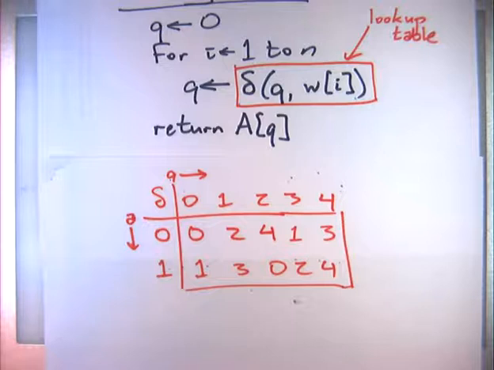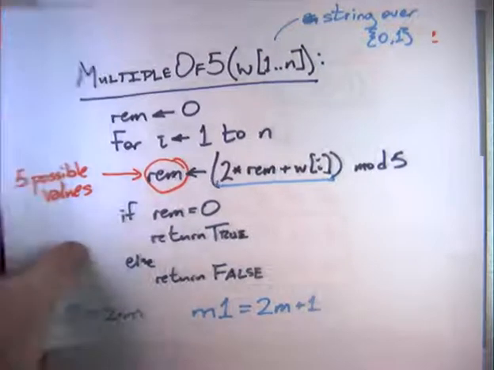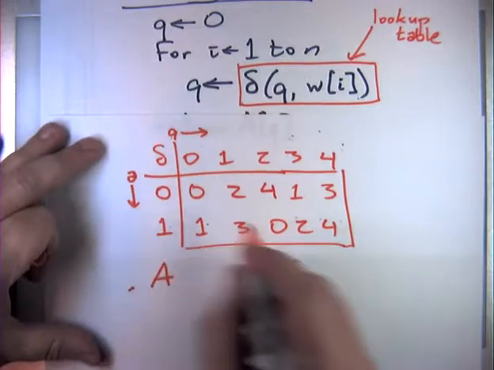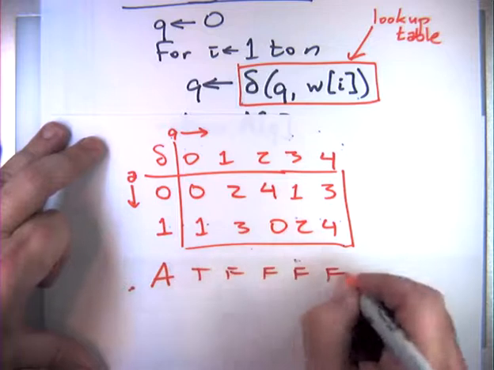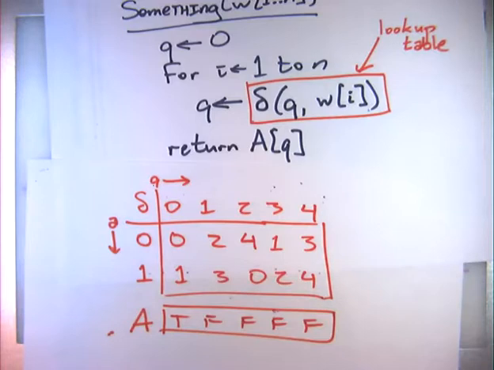And in fact, arguably that would be faster. And then in the end, notice I'm just returning true or false depending on whether the remainder is 0. So for that particular algorithm, A of 0, 1, 2, 3, 4 is true, false, false, false, false. Again, this is just hard-coded into the algorithm in the source code.